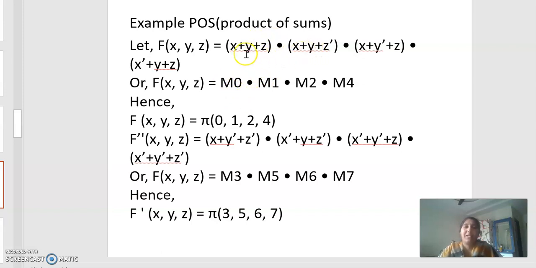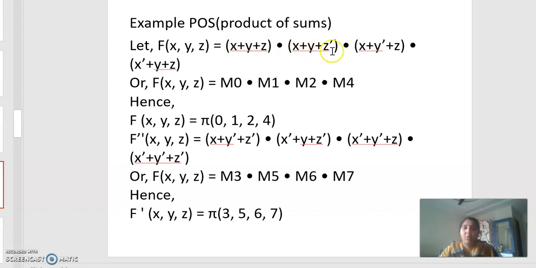While writing the maxterms, you know that the sum term must be equal to 0. So a direct variable represents 0 and a complemented variable represents 1. So this value is 0 plus 0 plus 0, which represents M0.